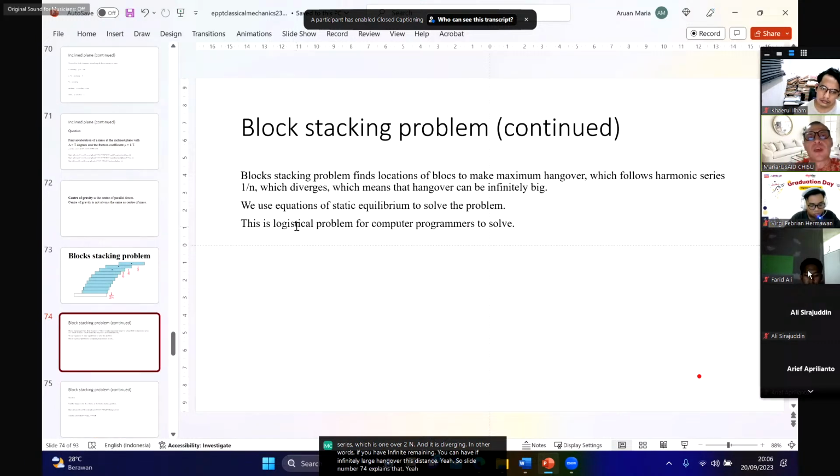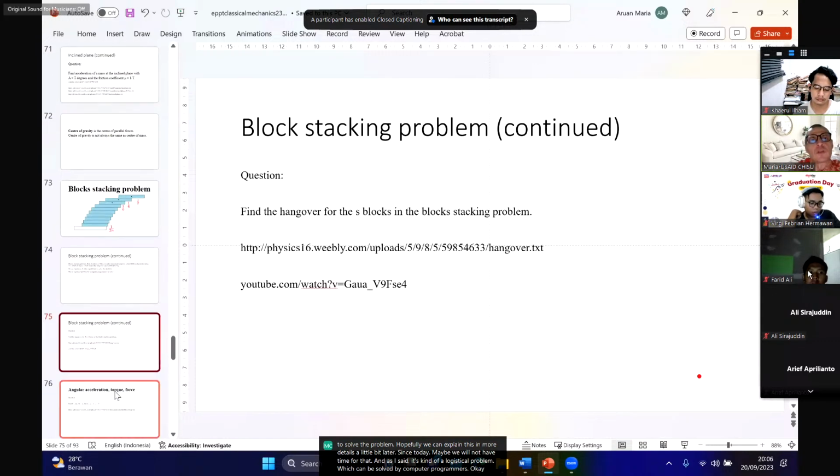We use the equations of static equilibrium to solve the problem. Hopefully, we can explain this in more detail a little bit later, since today maybe we will not have time for that. And as I said, it's kind of a logistical problem which can be solved by computer programmers.